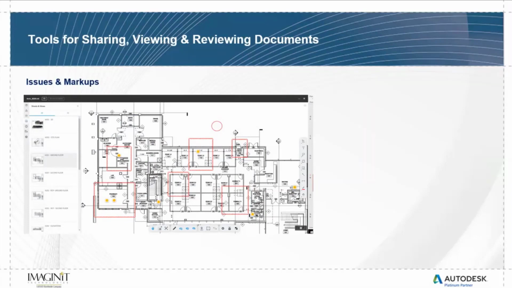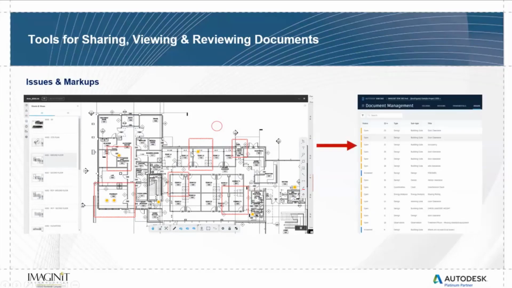So one is through this same viewer on the left side here, which we'll see in just a bit. We have the issues tool and we have the markups tool. But aside from this location, on the document management interface, there's also an issues tab that keeps a running list of all the issues that are getting created on this project.